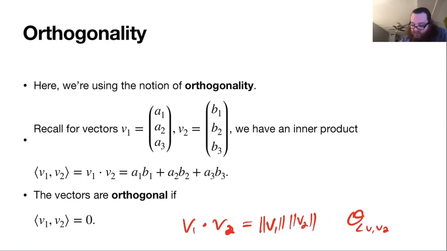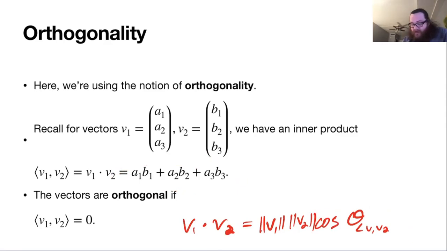Yeah, this should be cosine. And so this gives you a way to compare this dot product to the magnitude of the vectors and something like the angle between them.